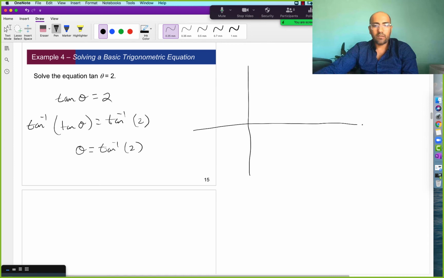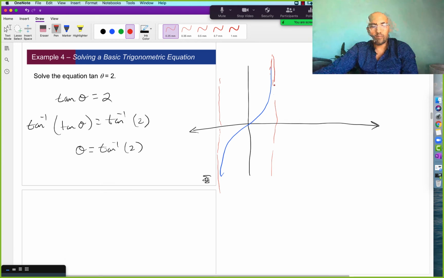Right, let's do the sketch of tangent. So tangent will go like this. And remember that there are vertical asymptotes here and here. This is at x equals 90 degrees, and this is at x equals negative 90 degrees.